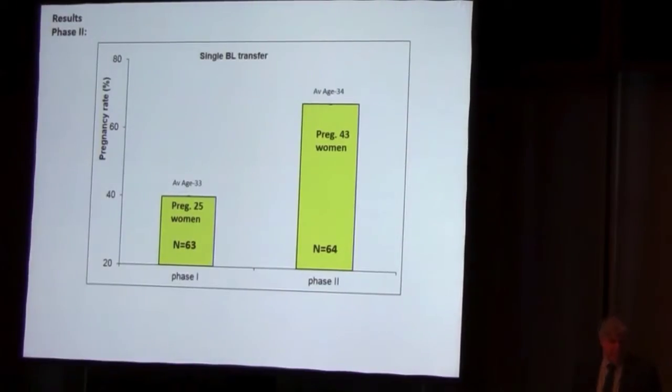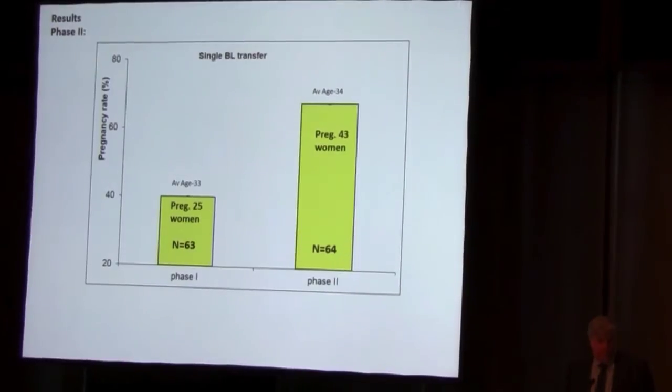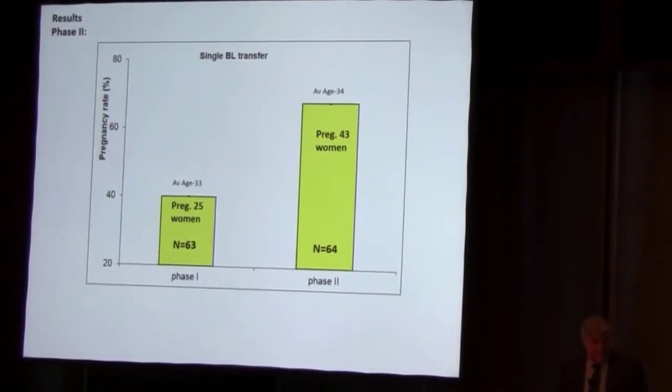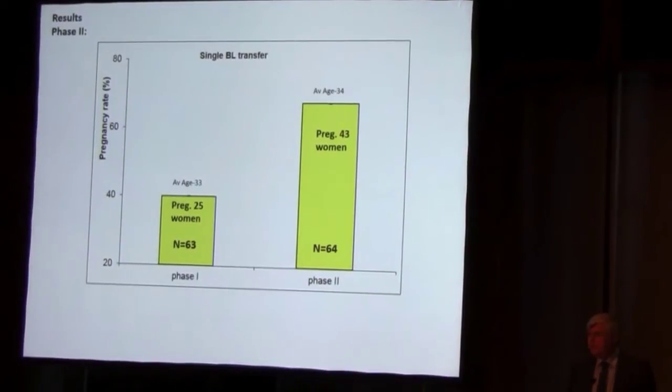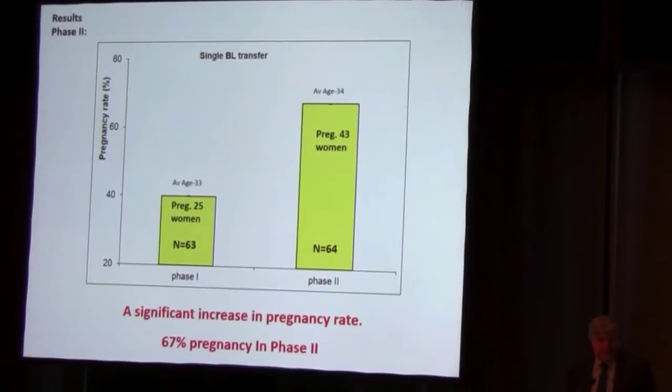As you can see, in phase 1 we had 63 women, with 25 pregnancies. In phase 2 we had 64 women, and the number of pregnancies was 43. So the pregnancy rate was almost 67% per single embryo transfer when it matched the criteria.